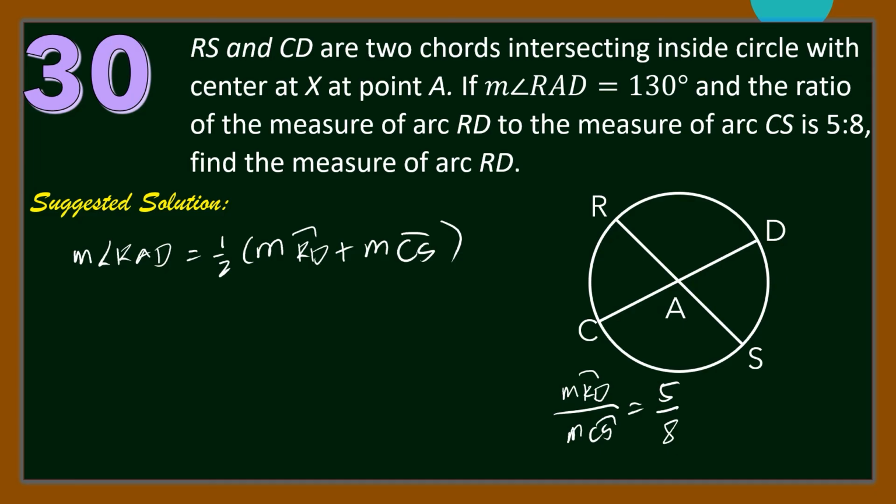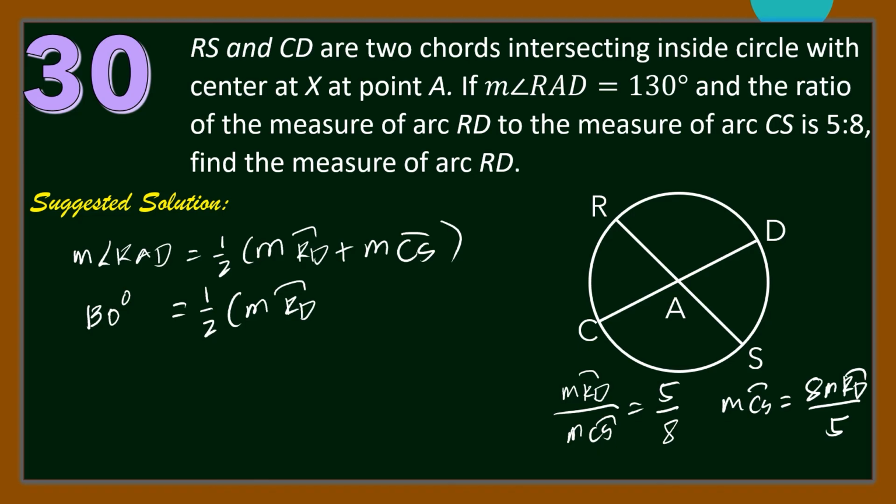Hence, the measure of arc CS is equal to 8 times the measure of arc RD over 5. And we know that the measure of angle RAD is 130 degrees. Then we have 130 equal to 1/2 times (measure of arc RD plus 8/5 measure of arc RD).